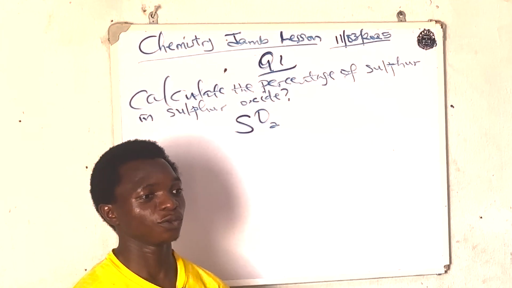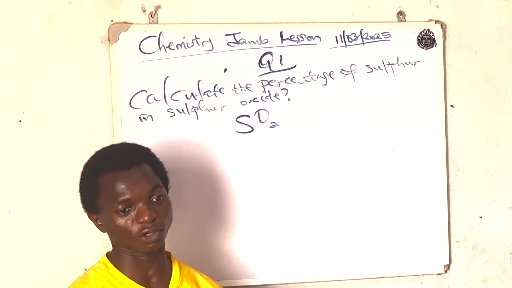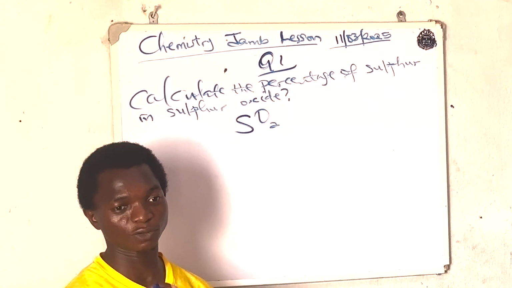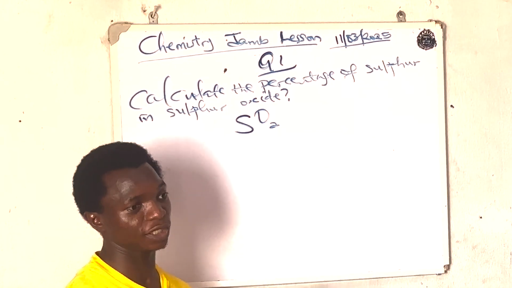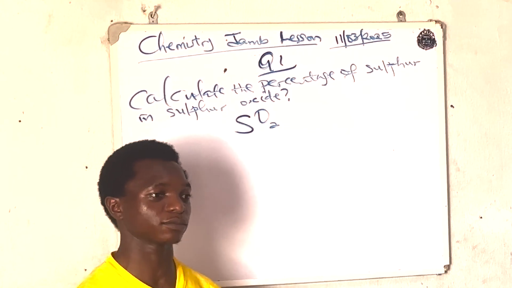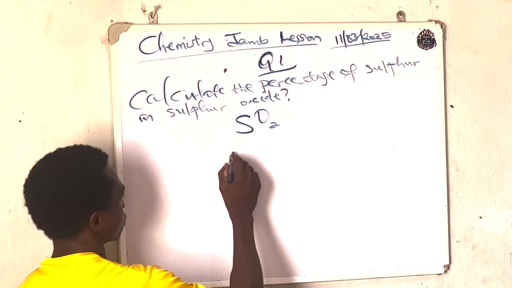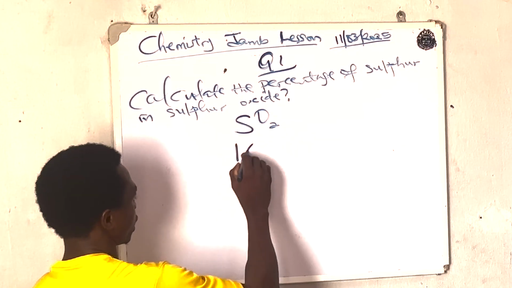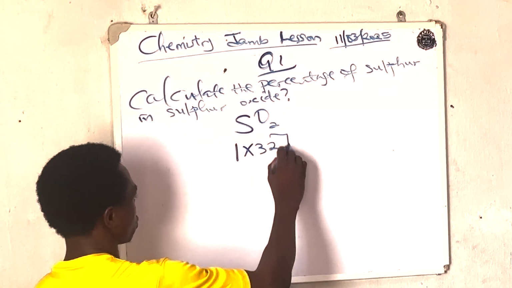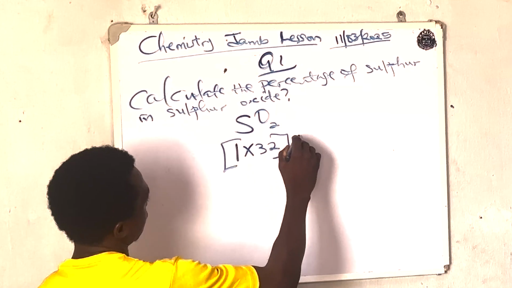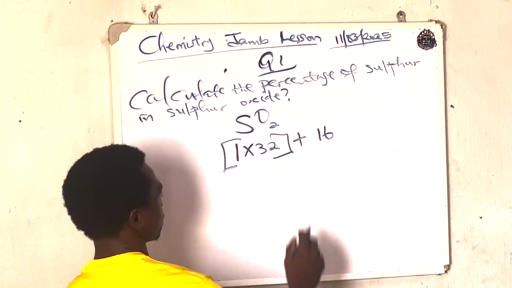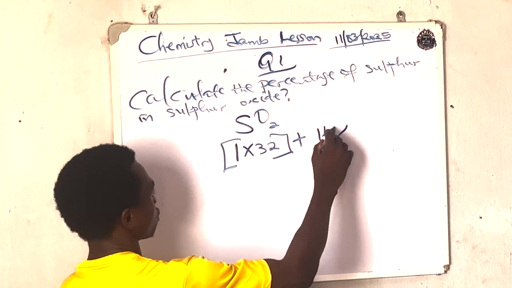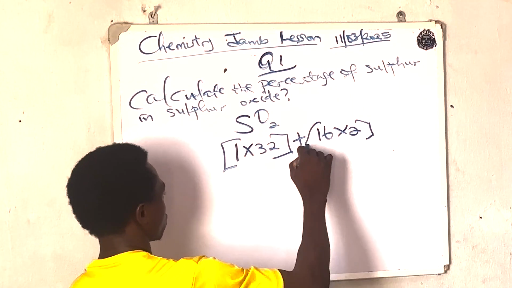Therefore, to find the percentage of sulfur in the compound, we need to find the total mass of the individual elements in the compound. Look at the box. Sulfur will have 1 sulfur times 32, and we have oxygen with mass number 16 times 2.